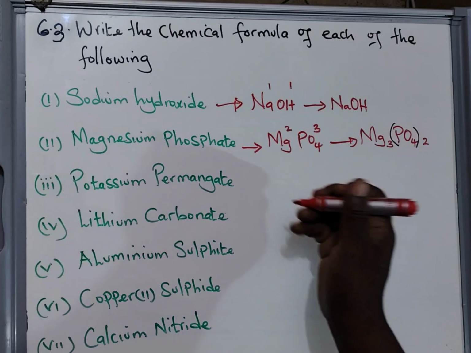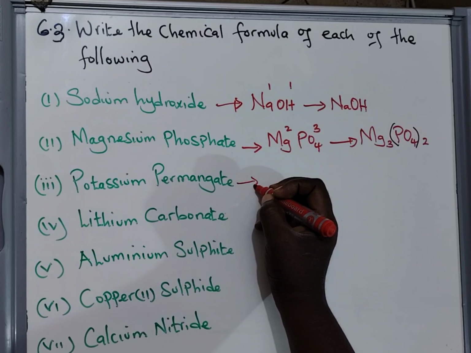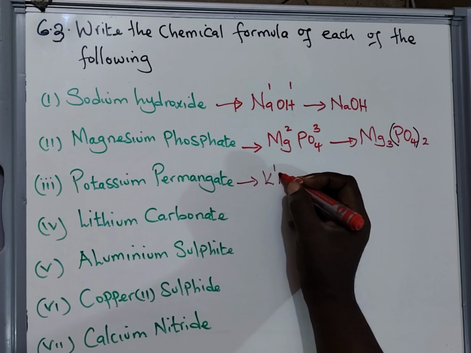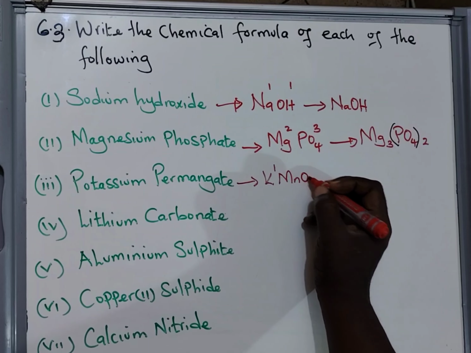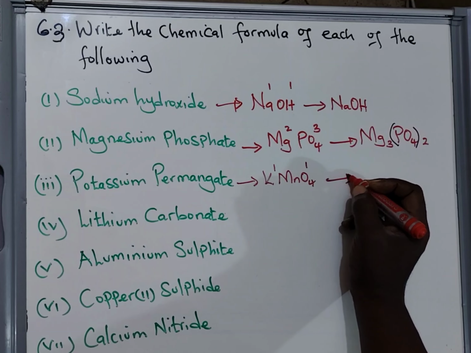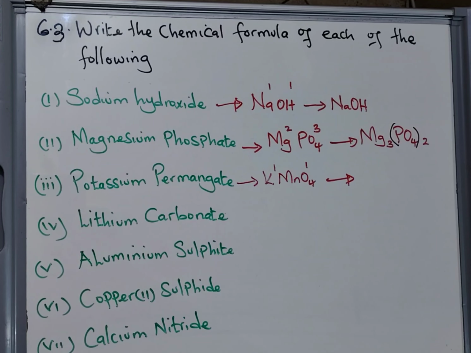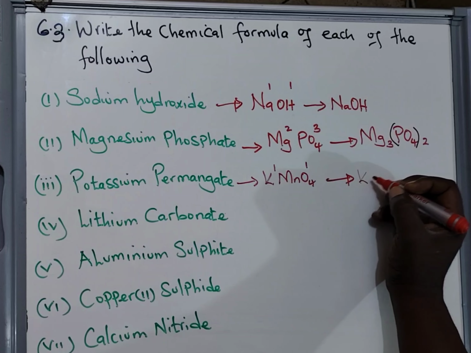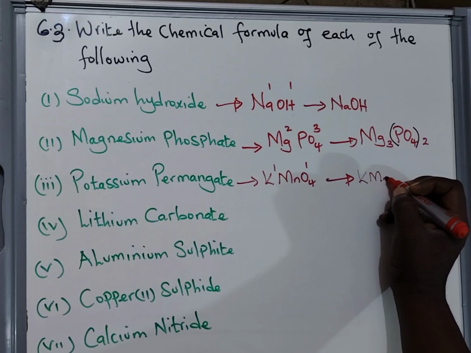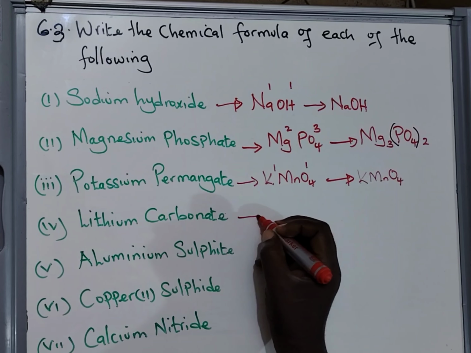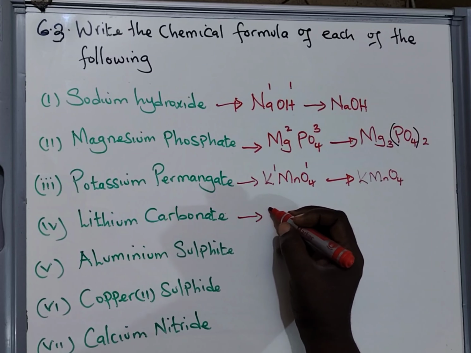Then we come to potassium permanganate, which is K, valence 1. Then permanganate is that, valence 1. You ignore because they are the same. So you put potassium permanganate. We come to lithium carbonate.